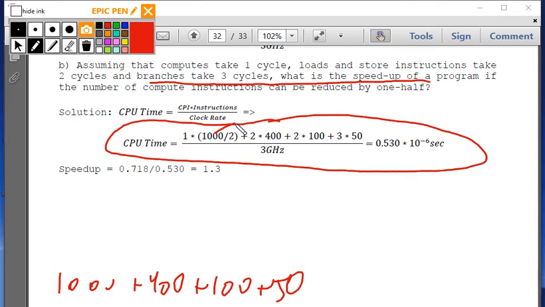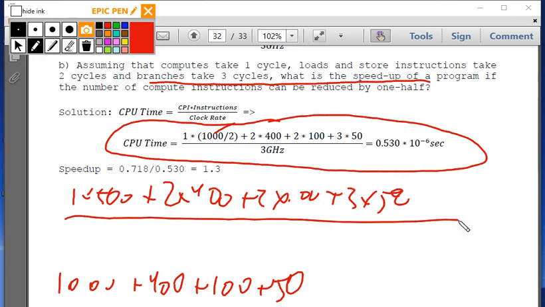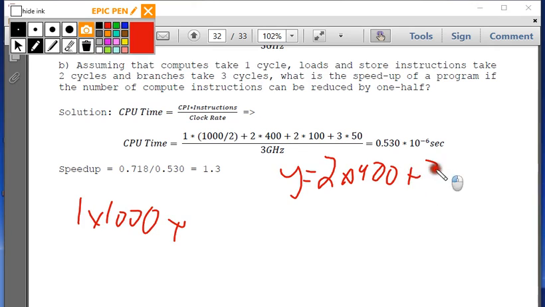So what you could do is go 1 times 50 plus 2 times 400 plus 2 times 100 plus 3 times 50. The gigahertz are going to cancel out. So now you can do 1 times 100 plus y, where y is equal to 2 times 400 plus 2 times 100 plus 3 times 50.